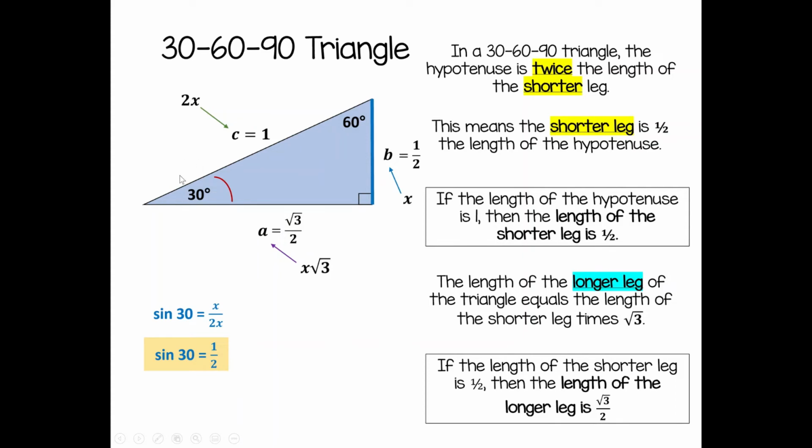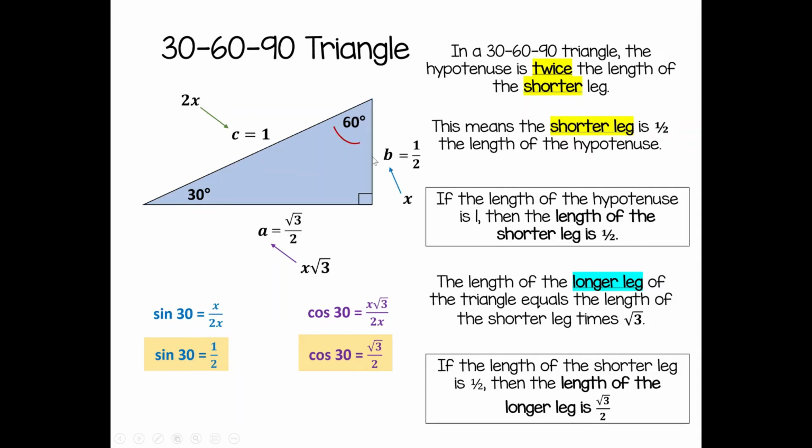The sine of this angle measure is the opposite side, and I know it's just that length because the hypotenuse is 1. So 1/2 divided by 1 is just 1/2. And the cosine of this would be the length of this side, x square root of 3 over 2x. There's my ratio. That simplifies to the square root of 3 over 2. So it's just the length of that leg, the cosine.